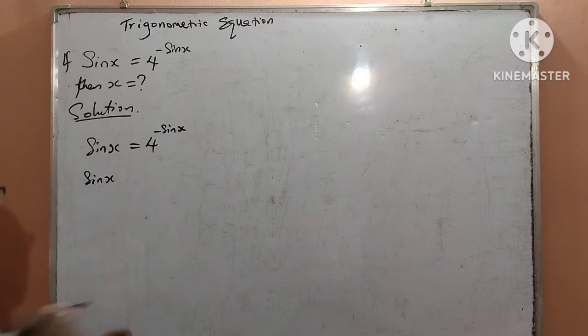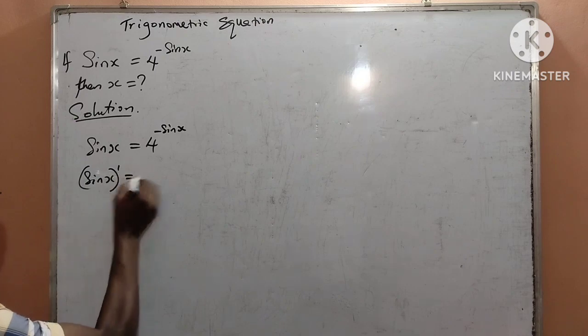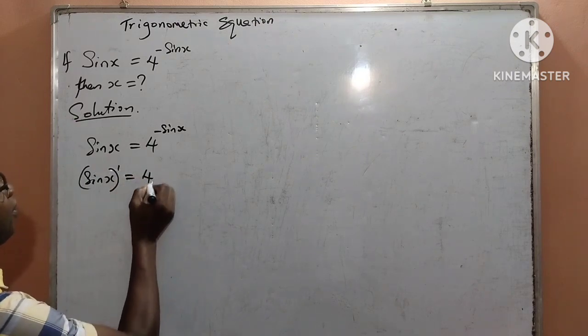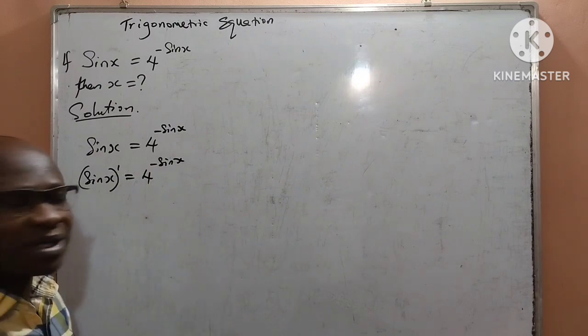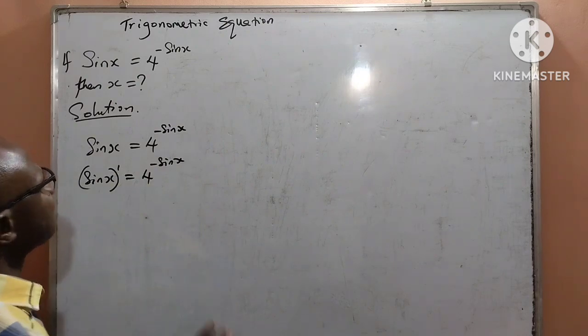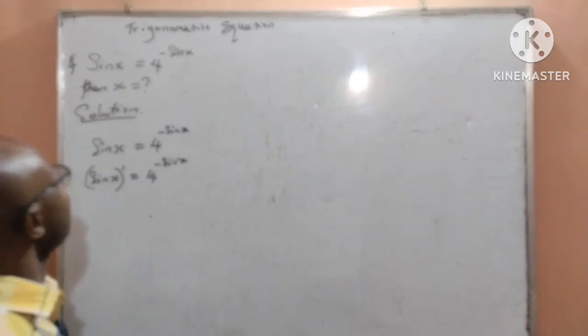Sine x is the same thing as sine x raised to power 1, equal to 4 to the power of minus sine x. What I will do now, I want to divide both sides of the exponent by negative sine x.